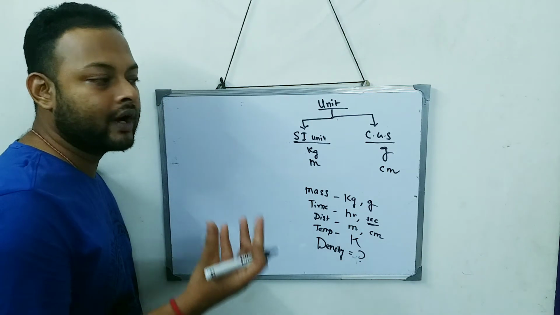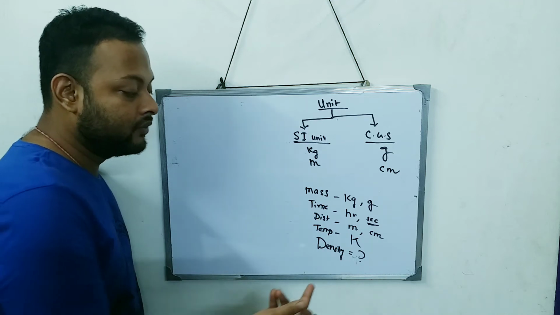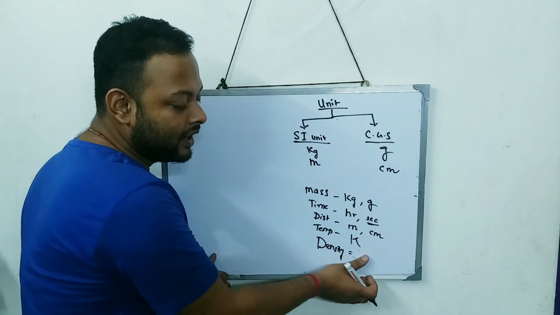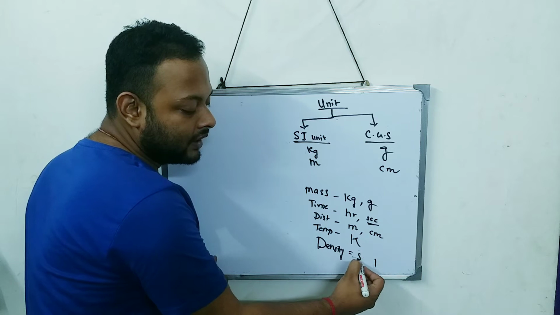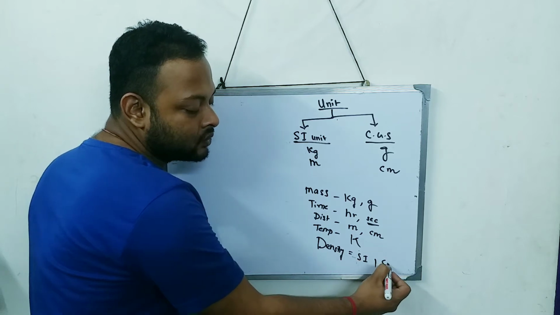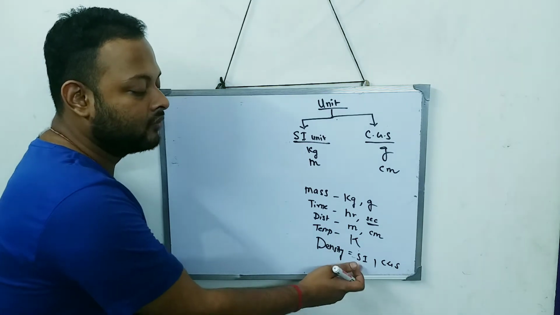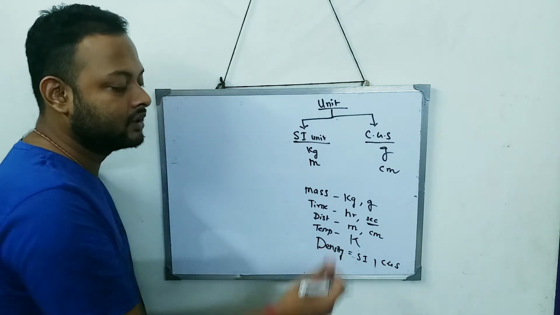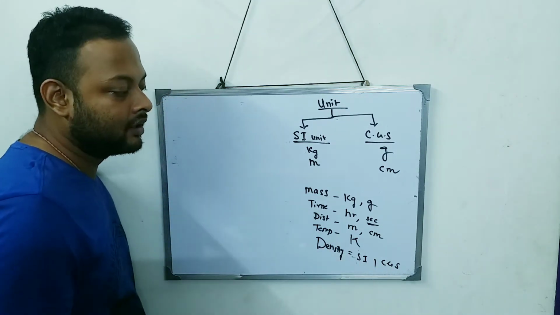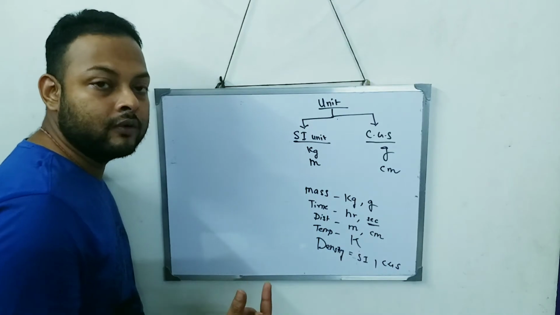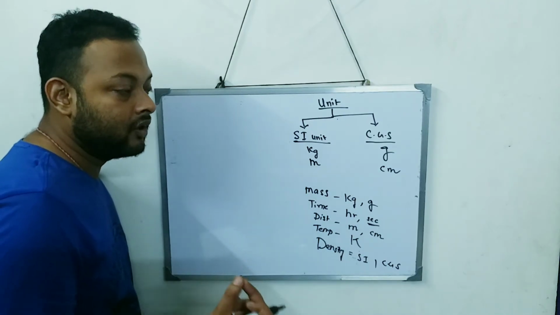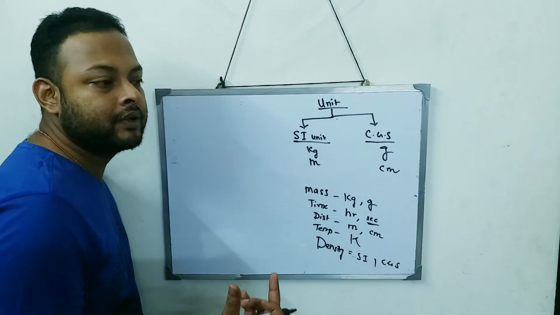So for density we will have two units, the SI unit and the CGS unit. We are going to find them, and also develop a relationship between them.